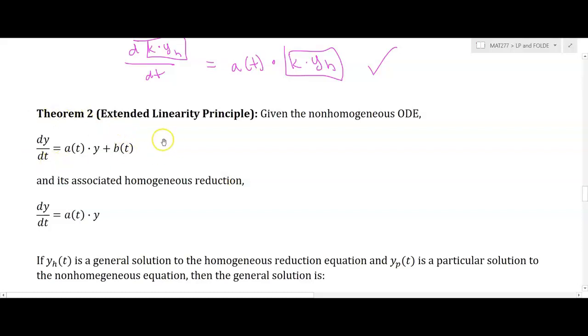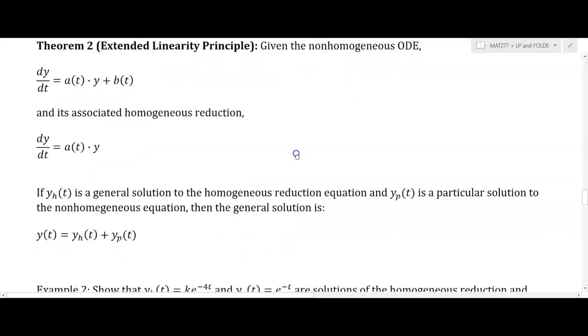So even though the equation that you have may not be homogeneous, if you omitted that b of t term and just left it as plus 0, if you literally reduced it down to deleting that, and you found a homogeneous solution, y sub h, as the general solution to the homogeneous reduction equation, and you found some particular solution to the non-homogeneous equation, then the general solution is we could take those two solutions and add them together, and that would form the general solution to the non-homogeneous case.